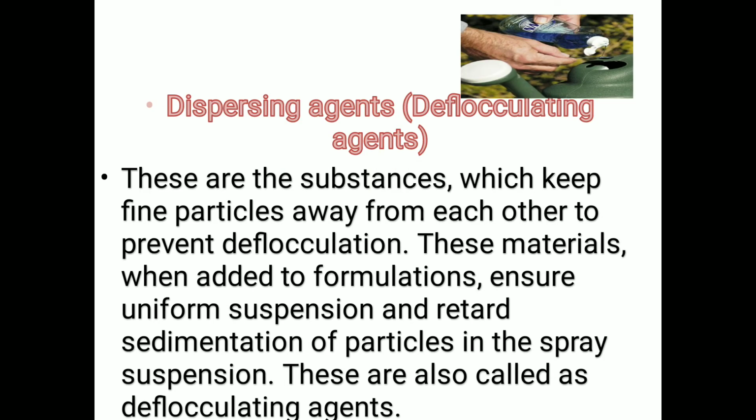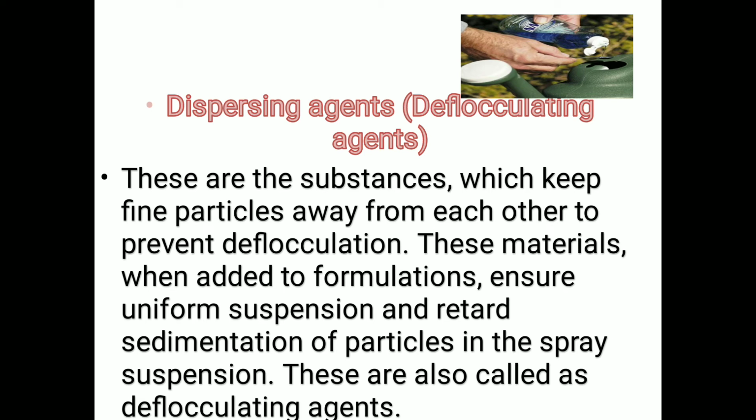The next one is dispersing agents or deflocculating agents. As the name indicates, these are the substances which keep the fine particles of fungicides away from each other to prevent flocculation.